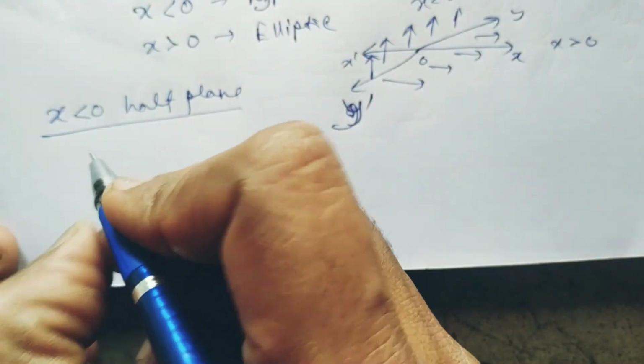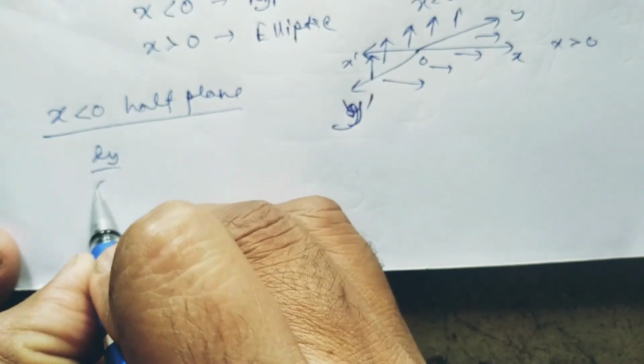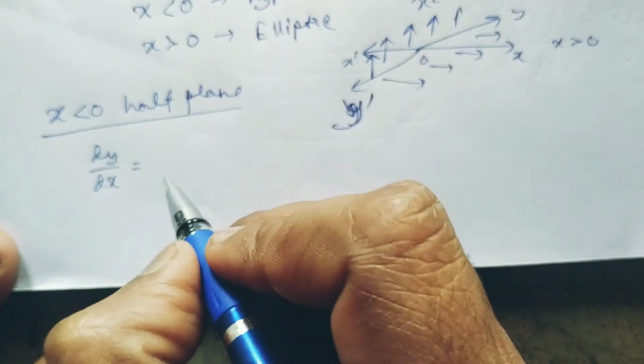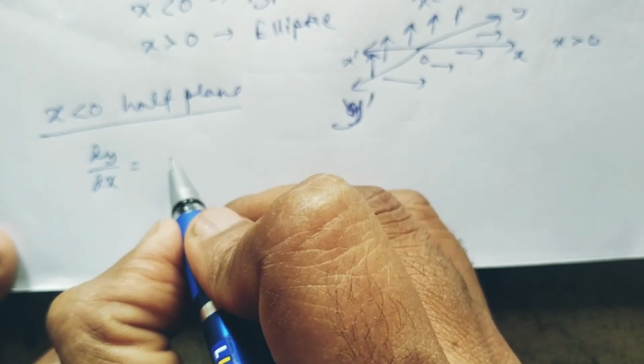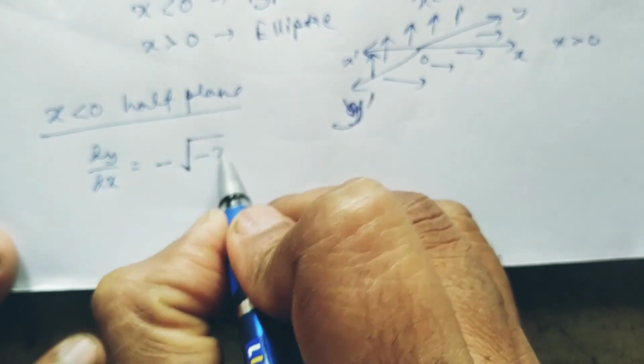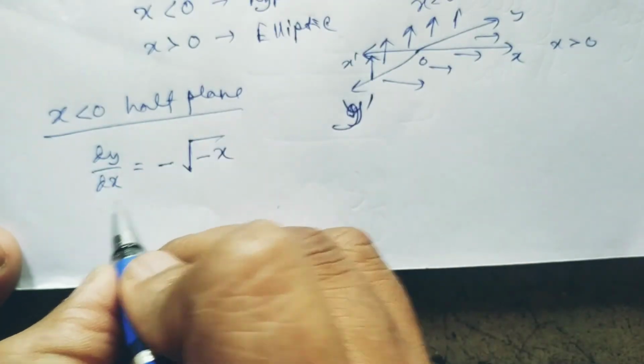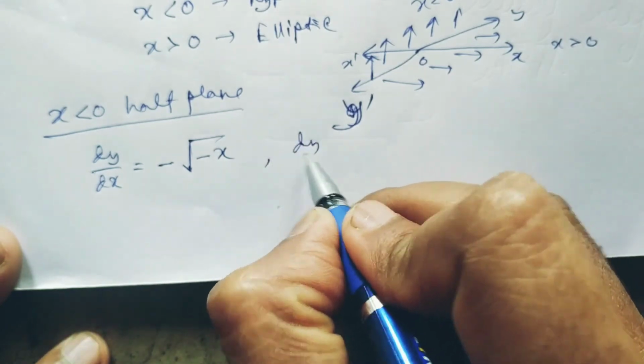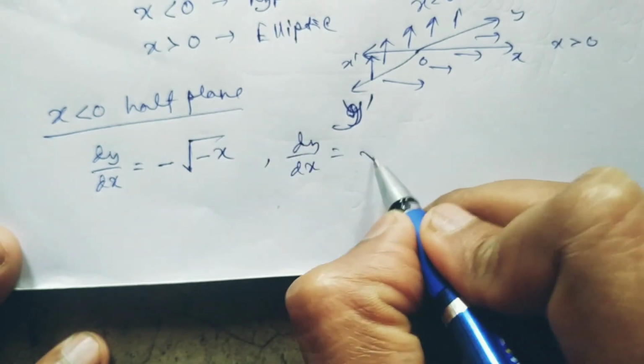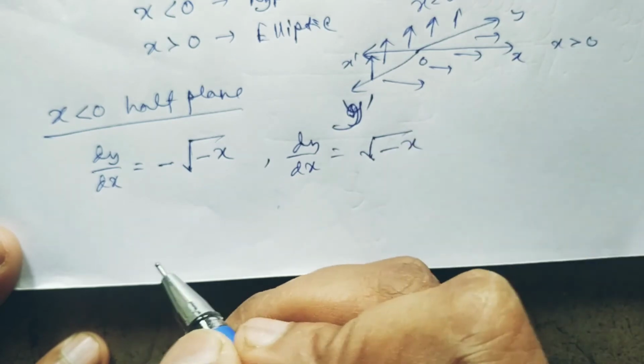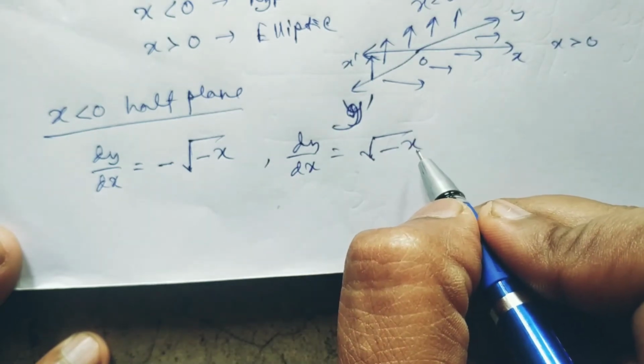There we see that dy dx will be plus or minus of root over of minus x. Mind it, x is a negative number here.